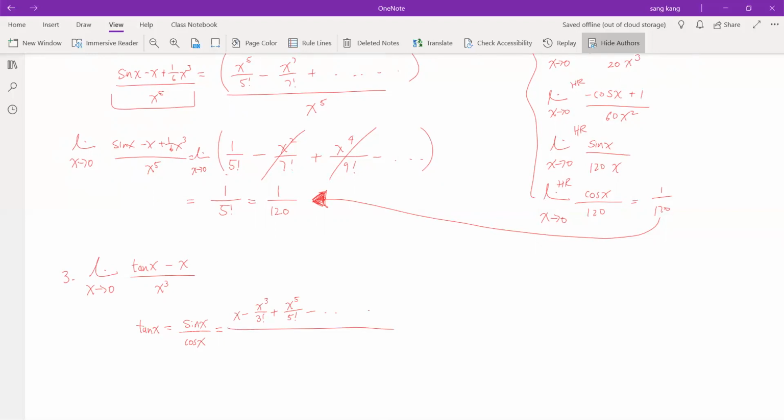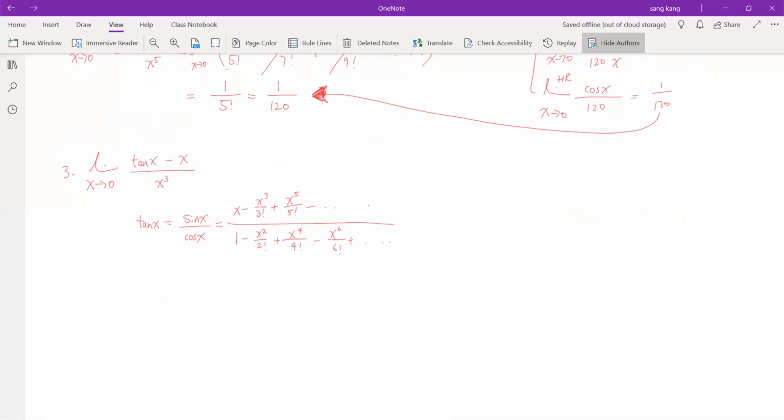That's sine. Cosine is 1 minus x squared over 2 factorial plus x to the 4th over 4 factorial minus x to the 6th over 6 factorial plus dot dot dot. So what do we do from here? We need to do long division.